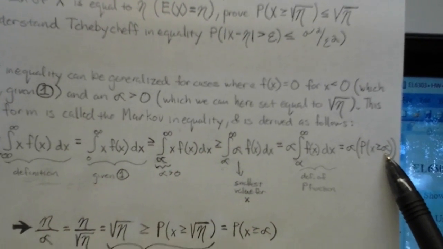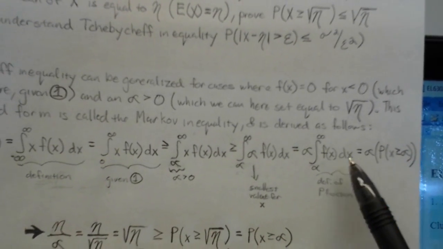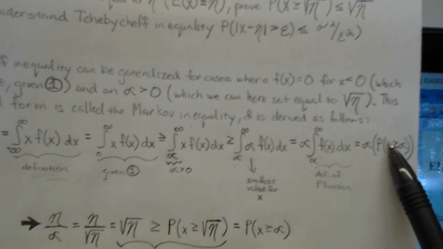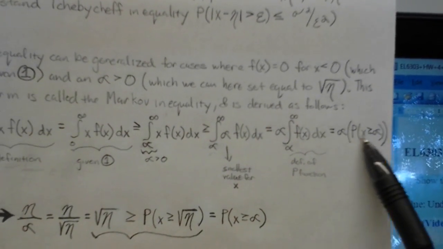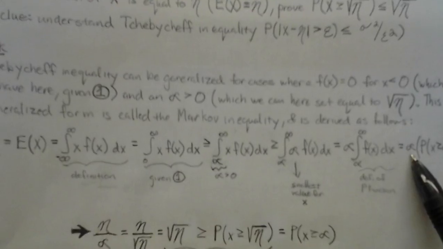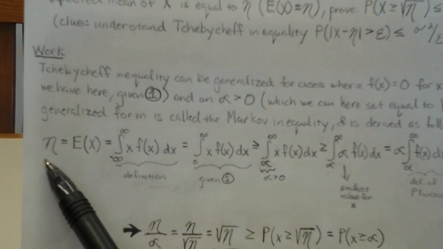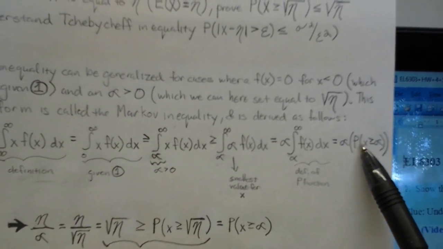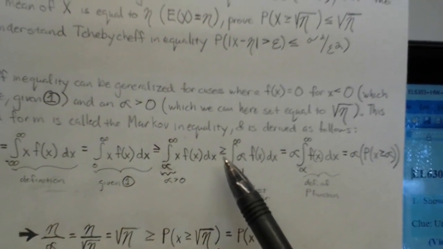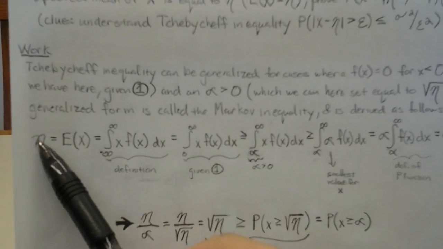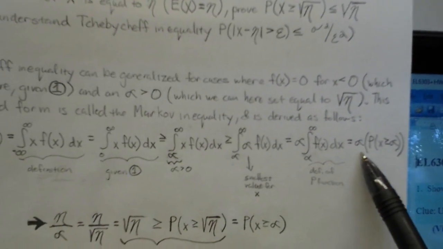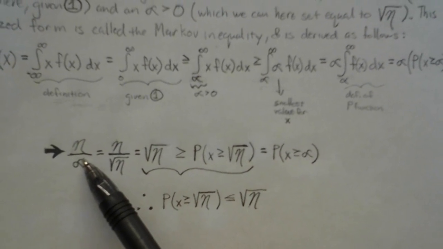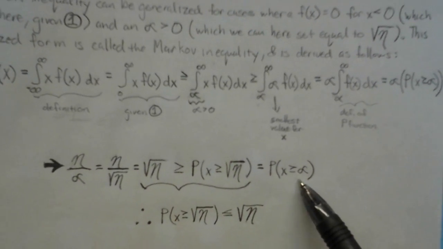So that's our equation. What we've just proven is that, if we do some substitution and bring the alpha back over, this probability is less than or equal to eta divided by alpha, which we write right here.